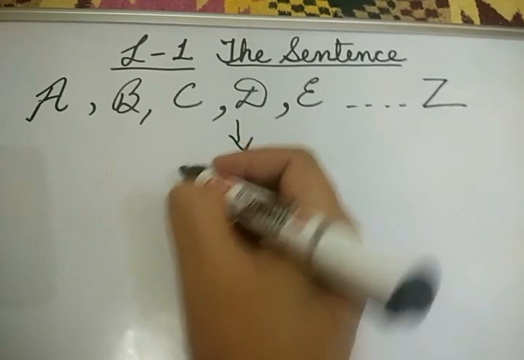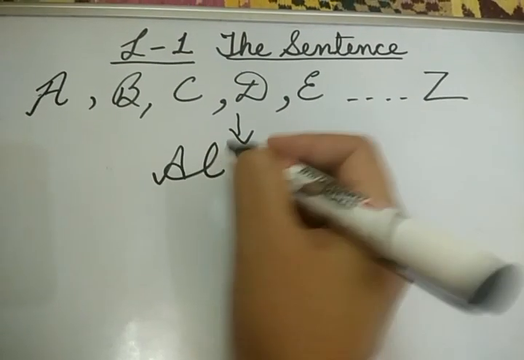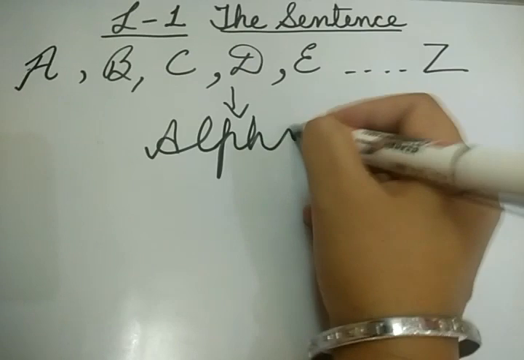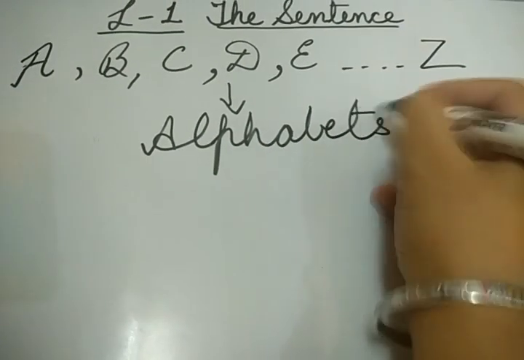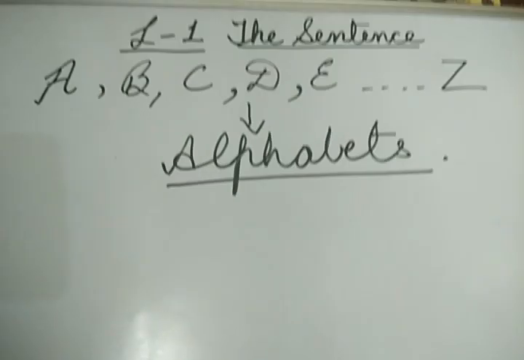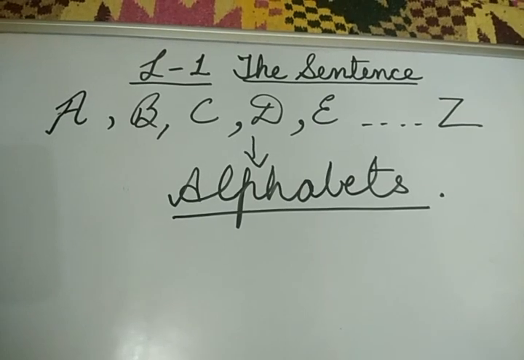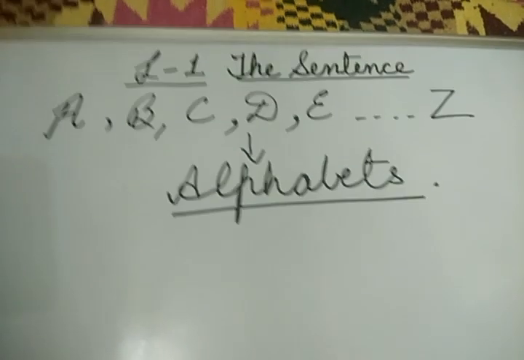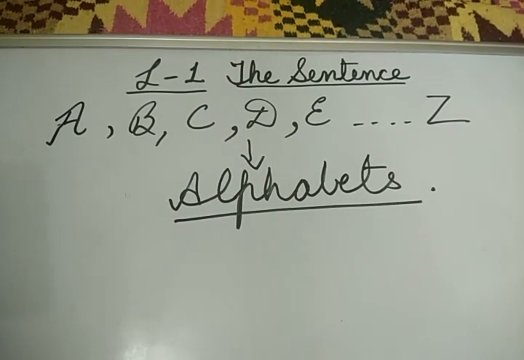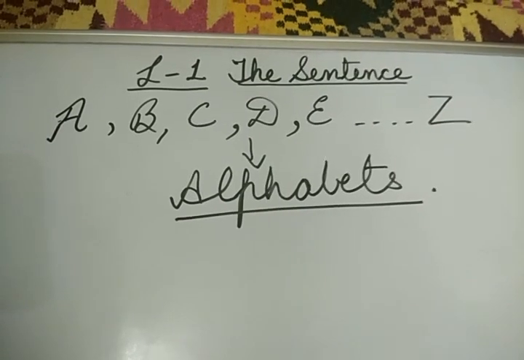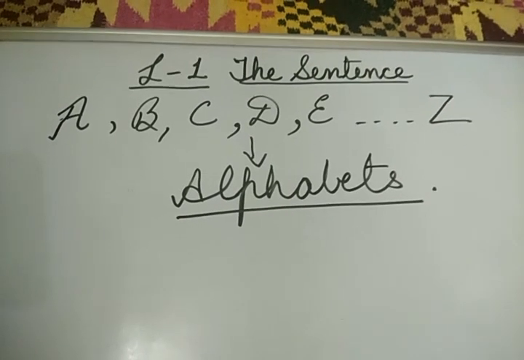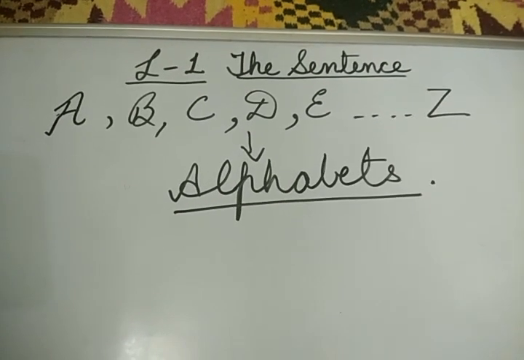These are called alphabets. You all know what alphabets are. You have been learning alphabets since class nursery. So A, B, C, D, E, F till Z, all these are called alphabets.